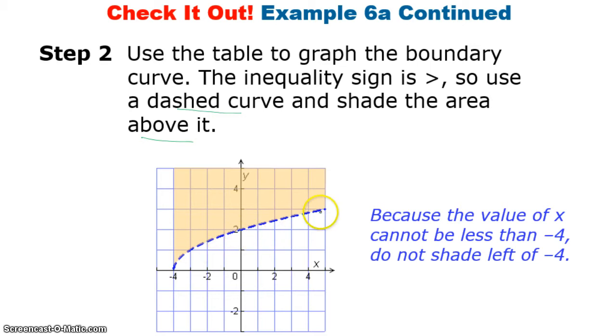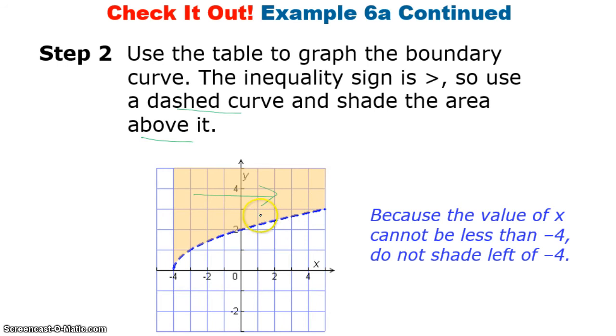And here is our dashed curve. And again, it was greater than, and so we shade above it. We stop at the -4 because our curve starts at -4. So as you shade, you will only shade from -4 on into infinity.